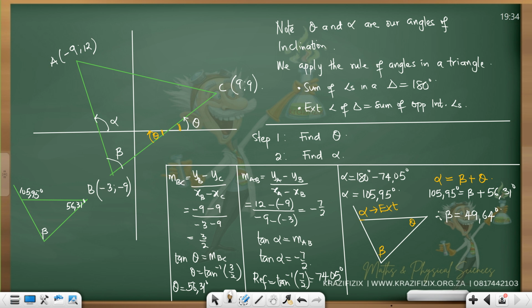All right, so if I want to use that triangle, I'll have to work with angles on a straight line first. It means I can get this angle, which is not labeled. So I can label it as, what can we label it as? Alpha 1, maybe. What is alpha 1? Angles on a straight line. 180 minus 105.95.